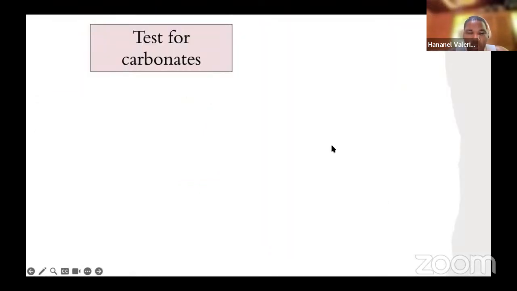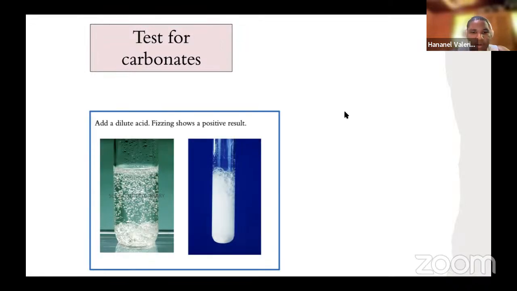Okay. So we're testing for carbonate first, because carbonate ions are by far the easiest ones to test for, just because the same test we use for carbon dioxide can be used. We can add a dilute acid, causing it to turn into carbon dioxide.